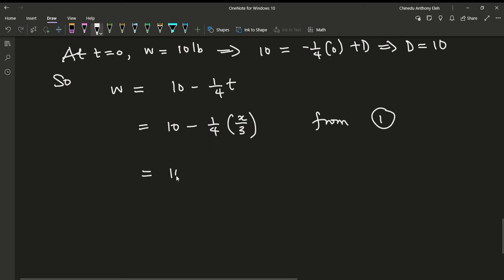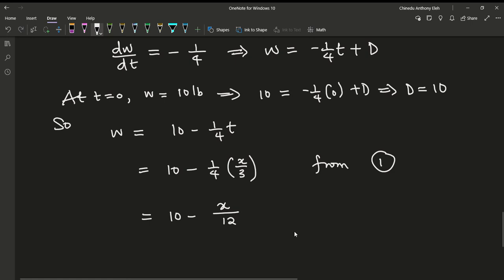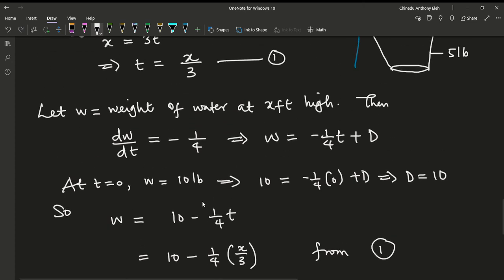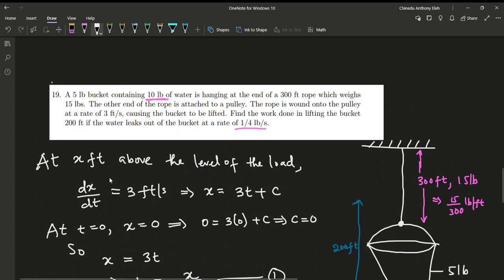So this gives us 10 minus x over 12. Interesting. So at x feet high above the usual level of the load, the weight of water in the bucket is given as this. This is nice.